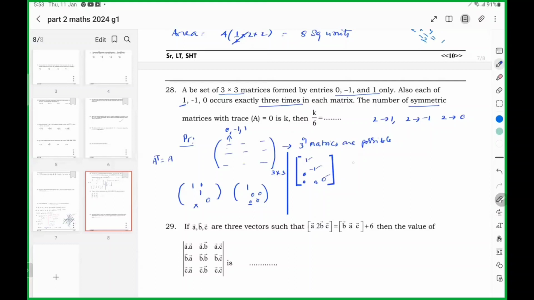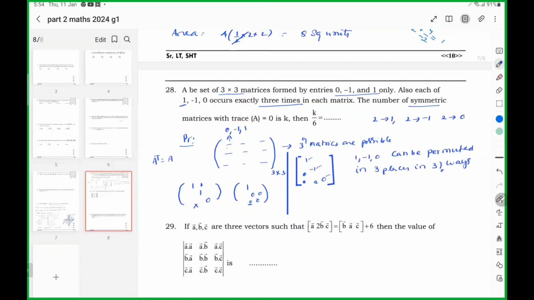So here, in these 3 places, 1, minus 1, 0 can be permuted in 3 factorial ways.